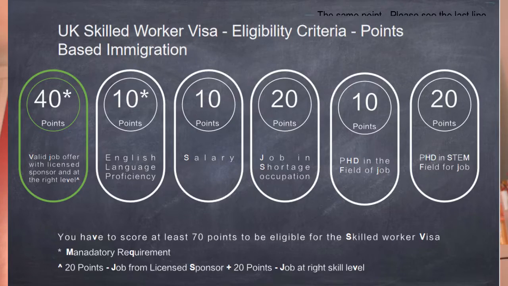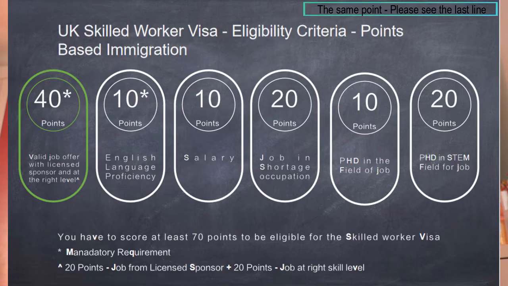Once you have received your job offer, what are the next steps? Number two is to check that your job has the right job code. The UK has a list of standard job codes, or a job category, where you can relate your job category.